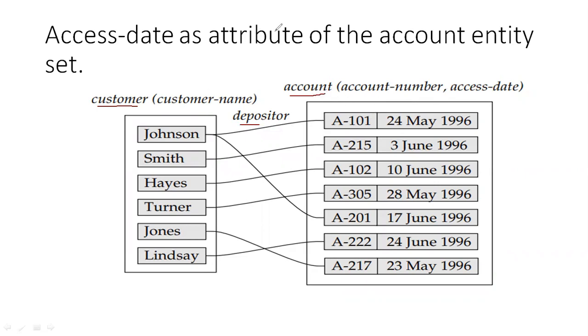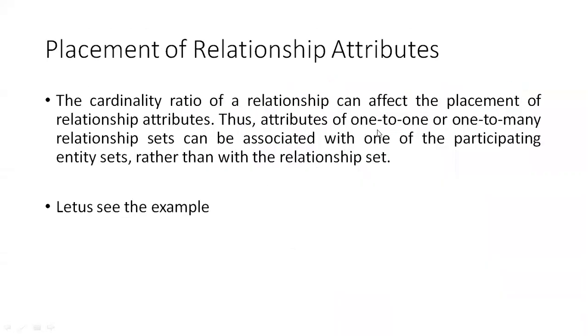You can read the heading here: access date as attribute of the account entity set. So access date can be an attribute for this account, and access date can also be an attribute for depositor. I will show you the previous slide. Here you can see one-to-one and one-to-many.